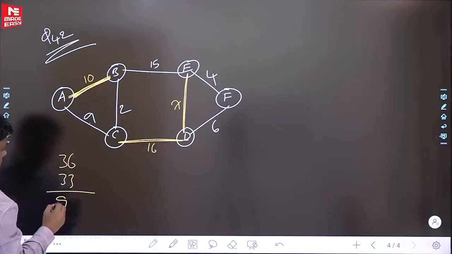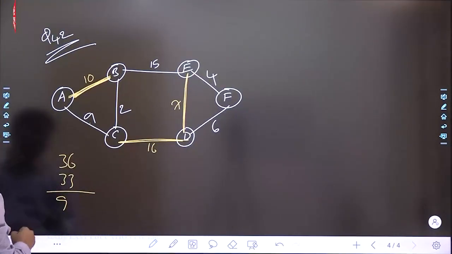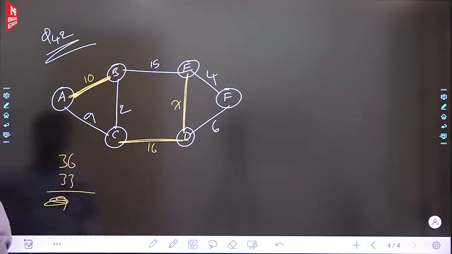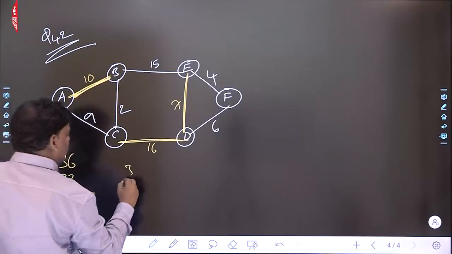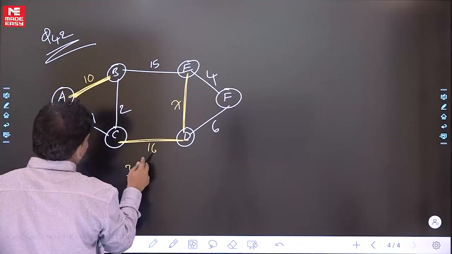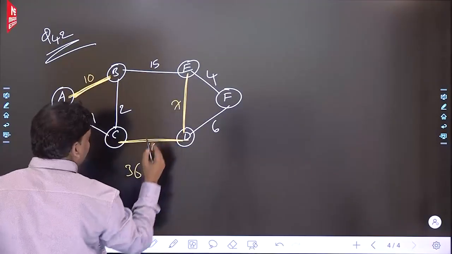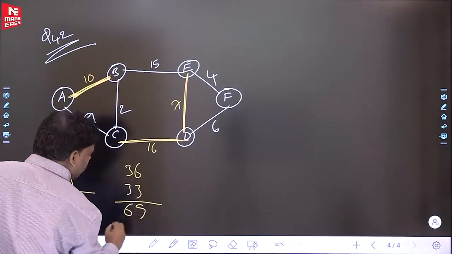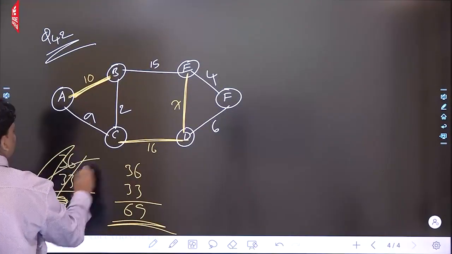Finally, 36 plus 33, which will go to? Check properly. Already 36 there. Plus 10 plus 16, 26. 26 plus 7, 33. Which will go to 69. Right, 69 is the answer for this problem.